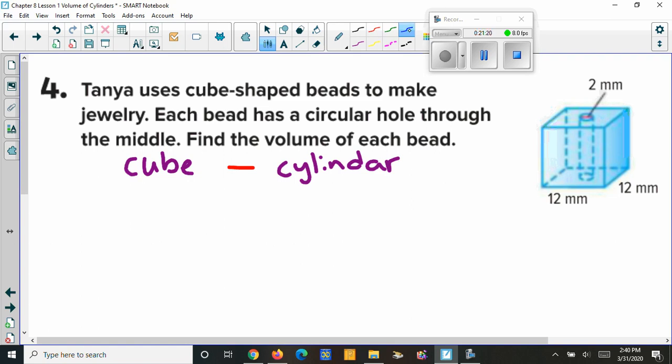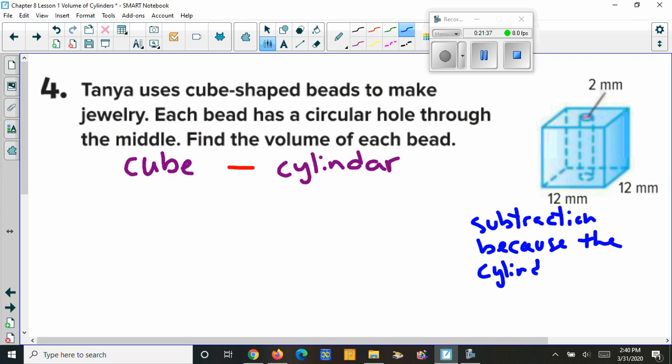Again, we are using subtraction because the cylinder is a hole in the bead.